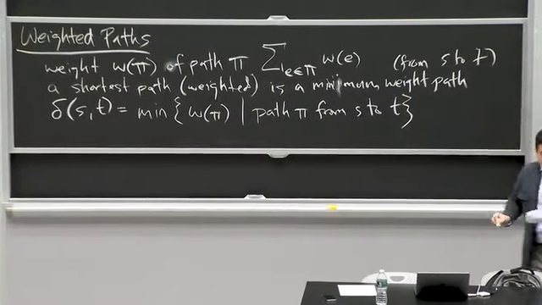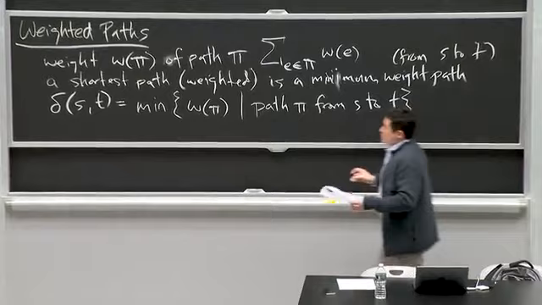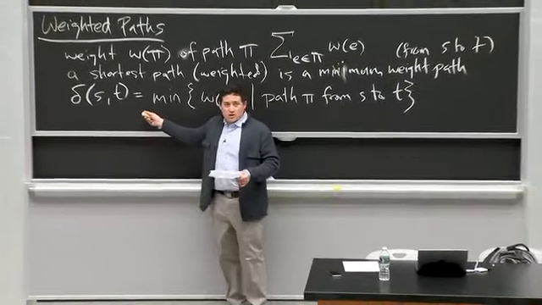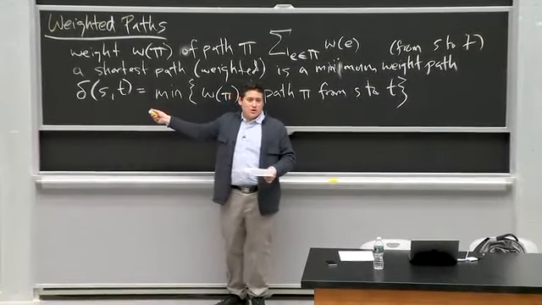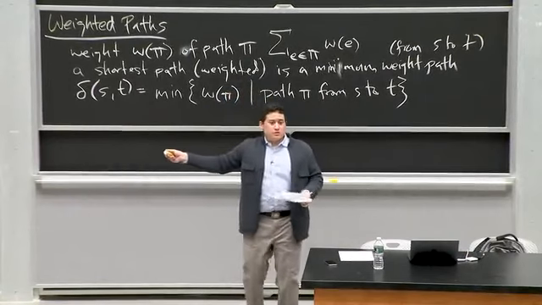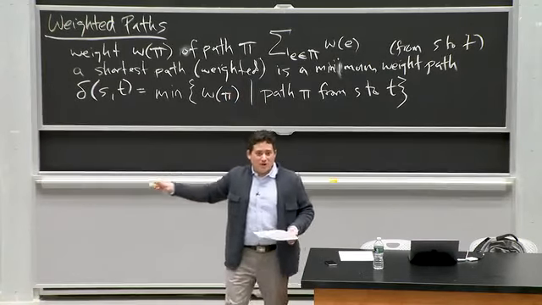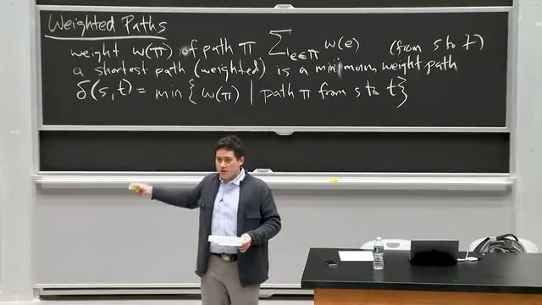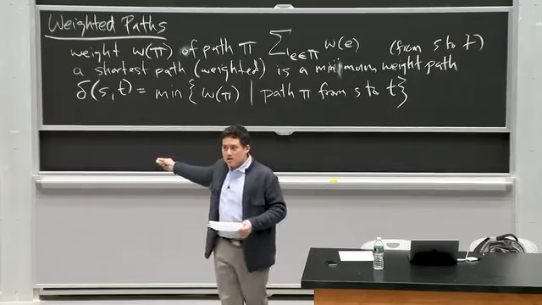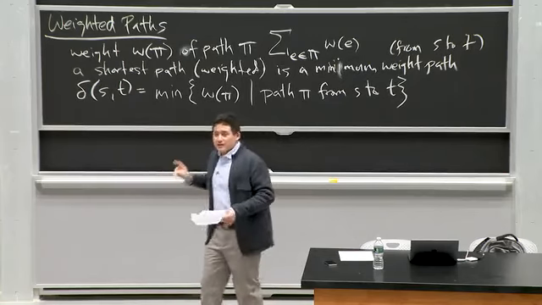Okay, there are a couple of things that go wrong here. The first thing that goes wrong is the same thing that went wrong with breadth first search, right? Anyone remember what could go wrong with breadth first search for this delta definition? Maybe there's no path, right?